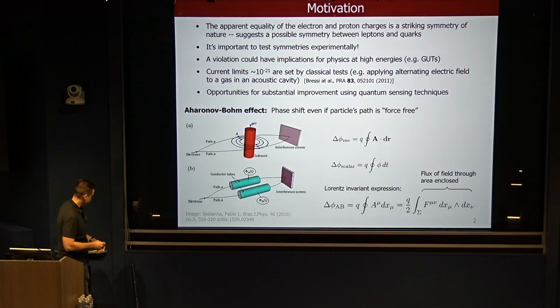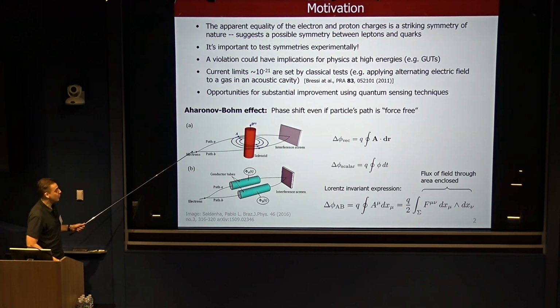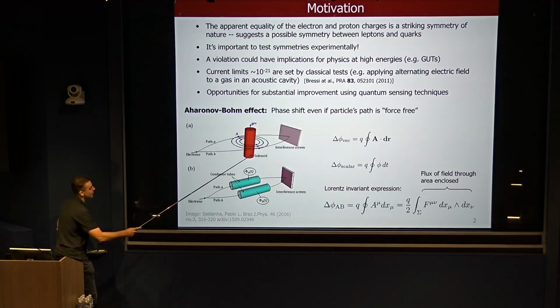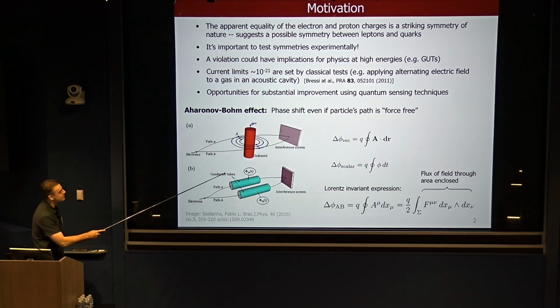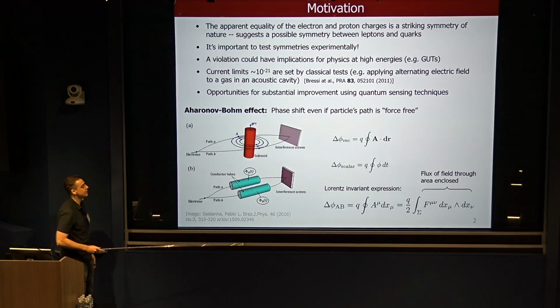The famous version of the Aharonov-Bohm experiment is shown in this top figure. Think of an electron interferometer, where you take an electron and split it along two paths, upper and lower, with this red solenoid going up through the middle of the two paths. The electron goes around the solenoid. If this is an infinite solenoid, there's a magnetic field inside the solenoid, but the magnetic field outside is zero, as we know from classical electromagnetism.